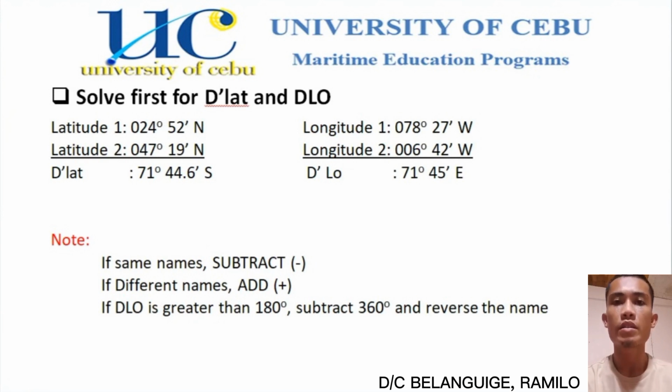So as I say, if same names, subtract. If different names, add. If the D-long is greater than 180 degrees, we have to subtract it from 360 and reverse the name. Thank you.